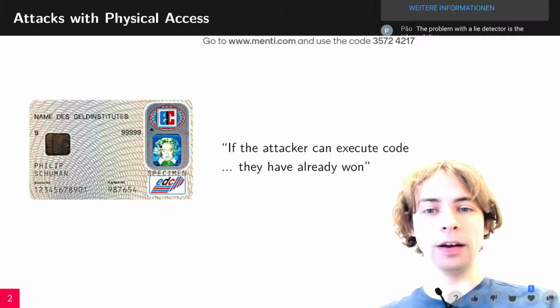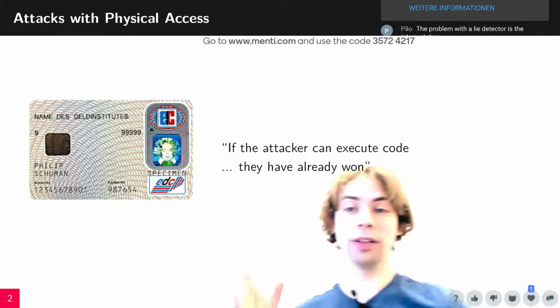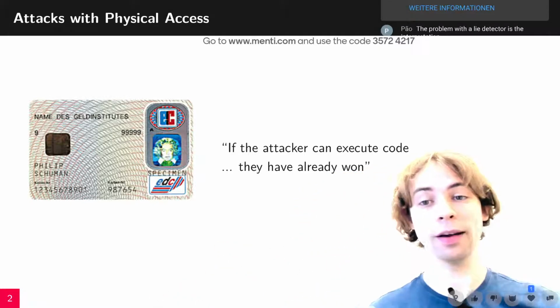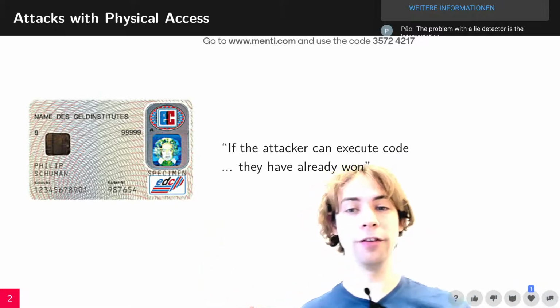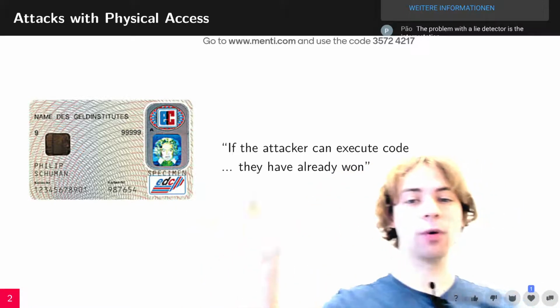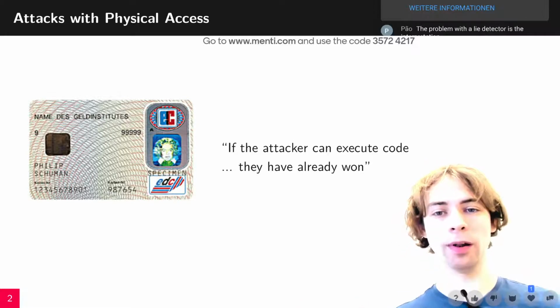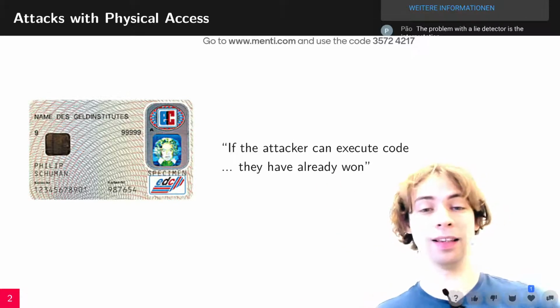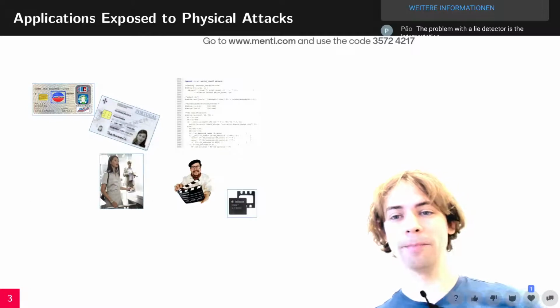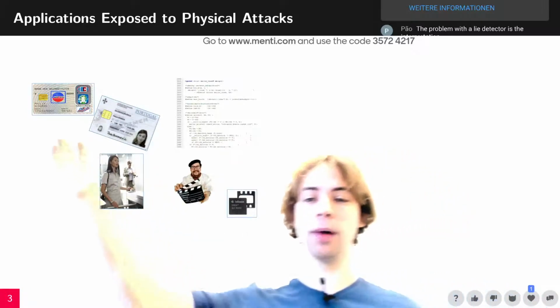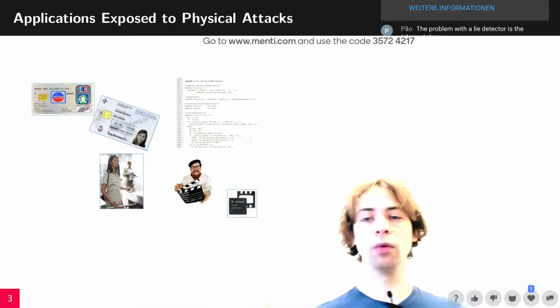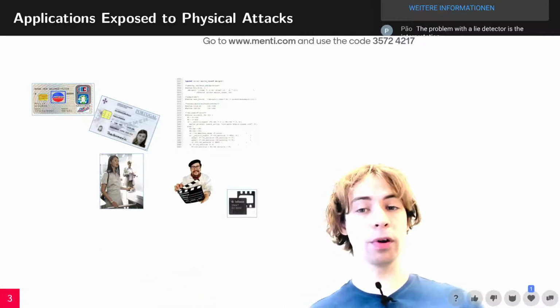So if the attacker can execute code, that's basically the threat model that we are facing here in the physical world, then they have already won. So very different from the software world where we say, well, the attacker, of course, can execute code. In the physical world, we have these smart cards everywhere. We use them, for instance, for public transport as well.